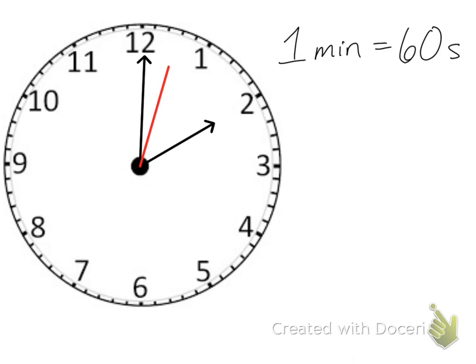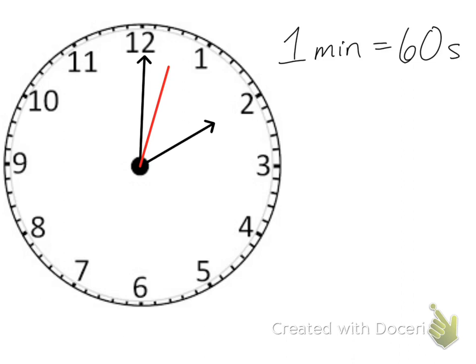On a conventional clock, the second hand is often shown in red. It's usually a red line, a red hand. When the second hand travels around the clock face from the 12 and back to the 12, it's been 1 minute.